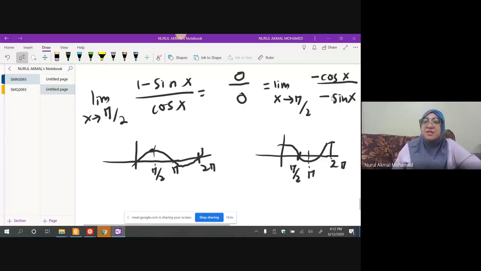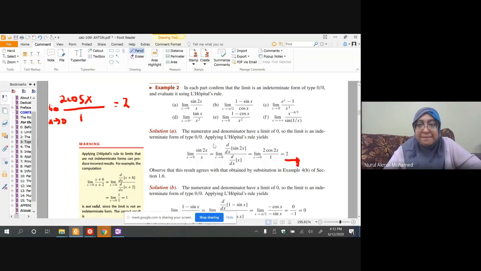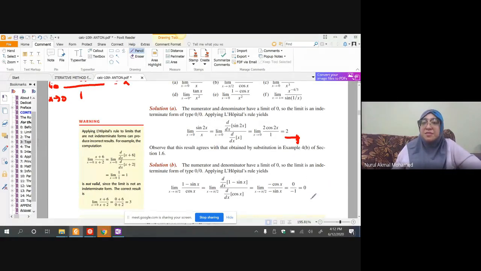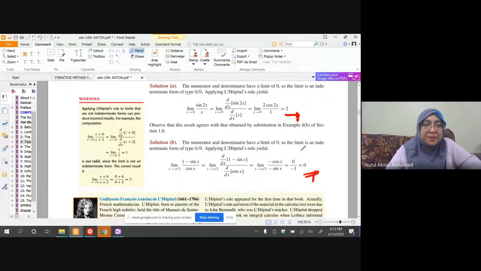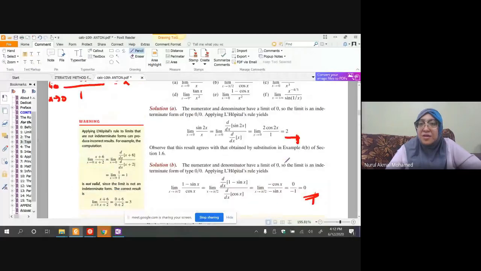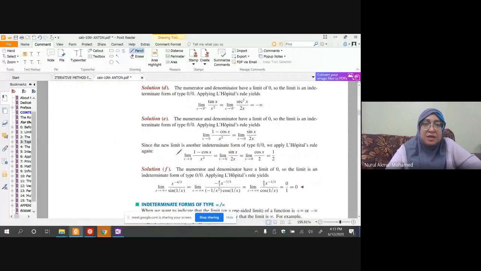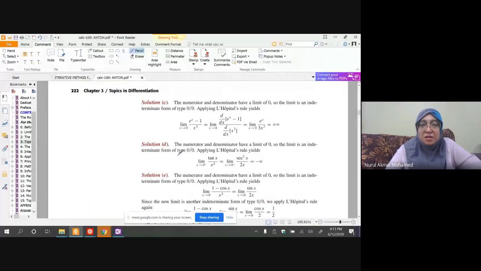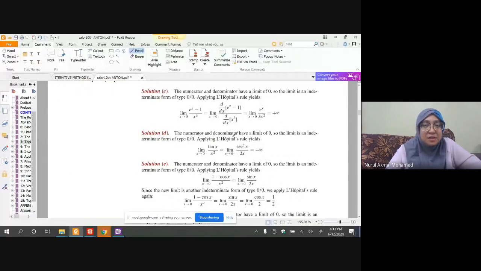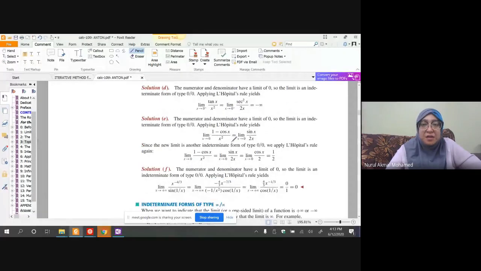Okay, so the answer will be 0 divided by 1, which is equal to 0. Okay, any questions? Okay, I think you can do the other example. They are just the same. Okay.